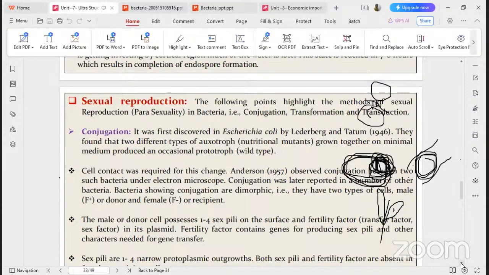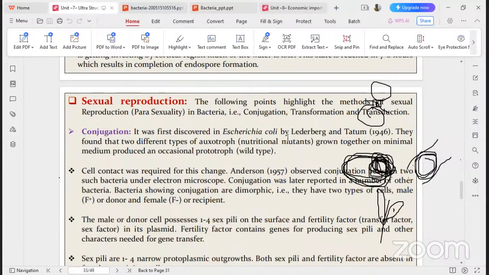These are parasexual, not perfect sexual reproduction, but equal to it because genetic material is exchanged. You can see the three types: conjugation, transformation, and transduction. The most common type is conjugation.